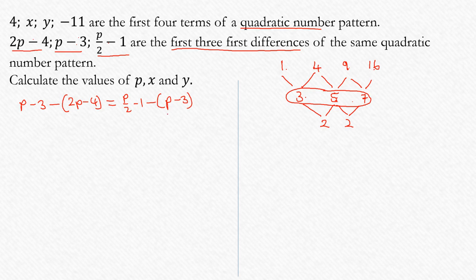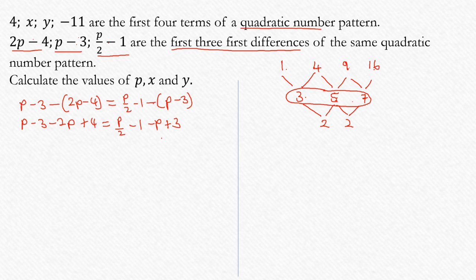You see that? Okay, right. Let's remove brackets. It's going to be p minus 3 minus 2p plus 4 is equal to p over 2 minus 1 minus p, distributing the negative there, plus 3.